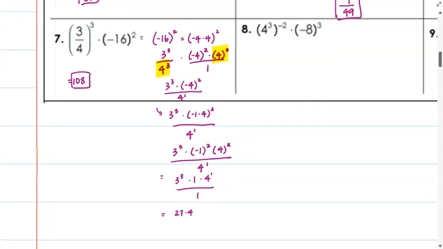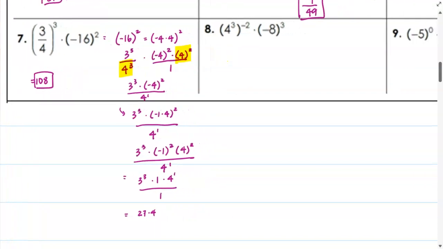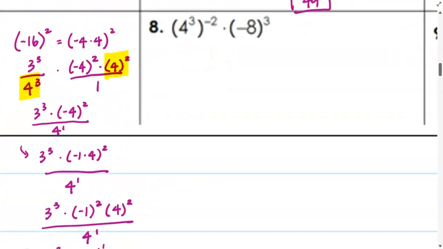Okay, now have some fun with your exponents. Play around. Why not? If I'm going to use the exponent rules to my fullest abilities, let's go ahead and change this to a base 2. Base 2 raised to the second, which is 4.